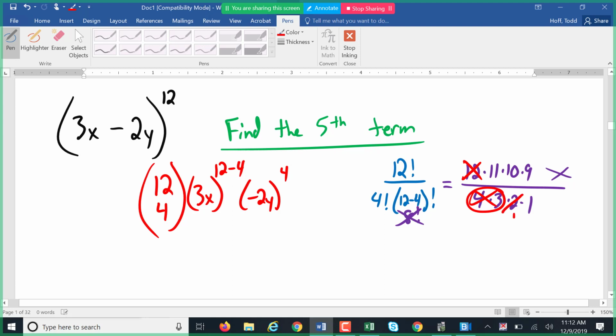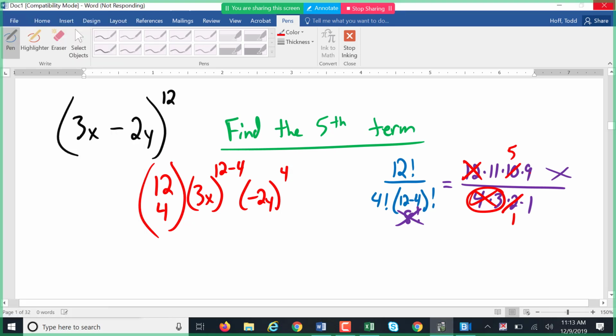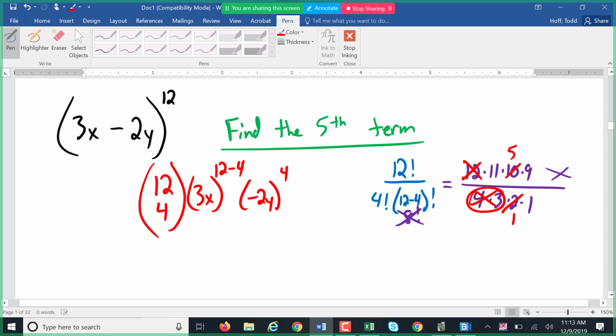I can cancel out the 2 and the 10, make that 1 and 5. So now we've got 11 times 9 times 5, which is, what, 495, I believe? It is. So we got 495 as that coefficient, or rather the binomial coefficient, I should say. So that is from the 12 choose 4.